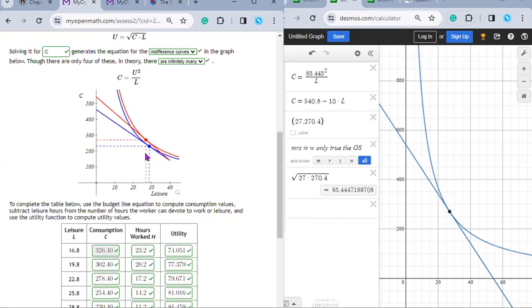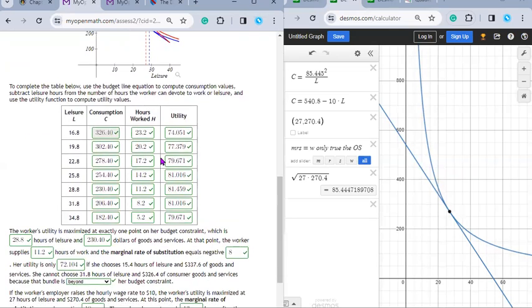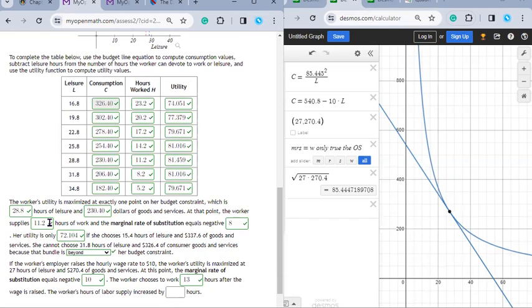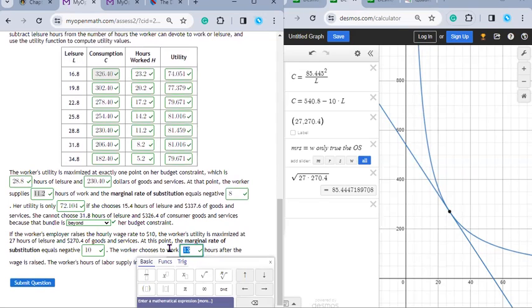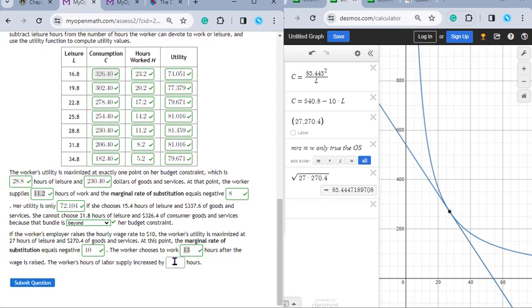And because she's consuming less leisure because the price of her leisure went up, she's working more, right? So her hours worked increase. Her hours worked were 11.2. Her hours worked is now 13. And the difference between those 2 is 1.8.